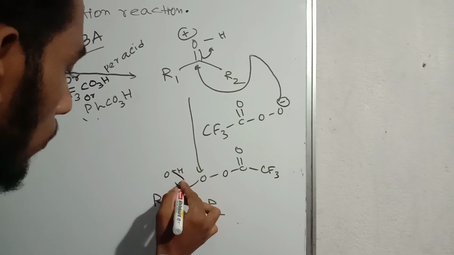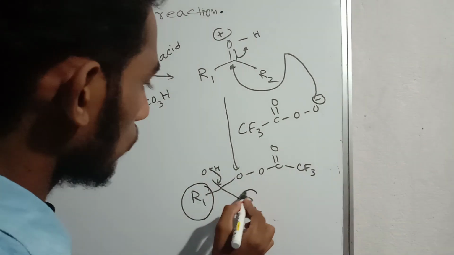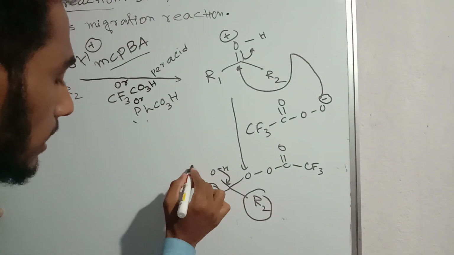Then this bond falls here. There are two chances, either R1 will be migrated or R2 will be migrated, and hence we get two products.